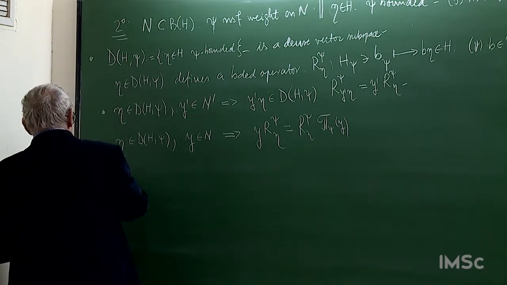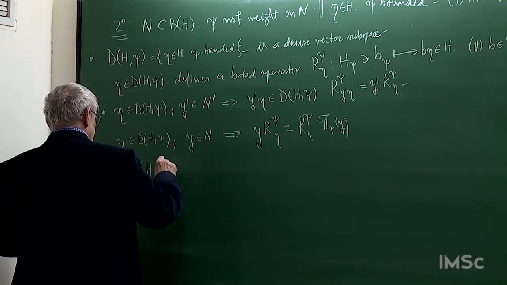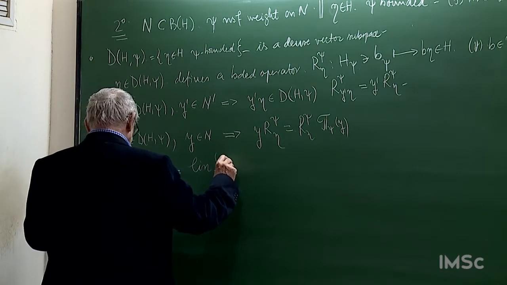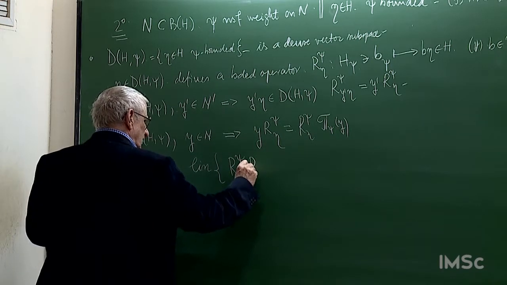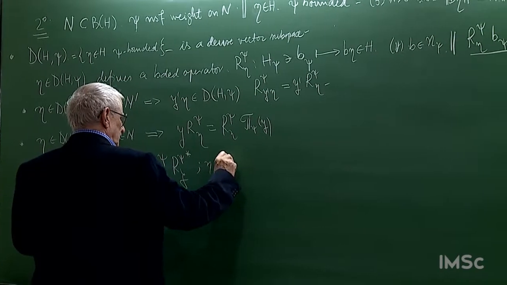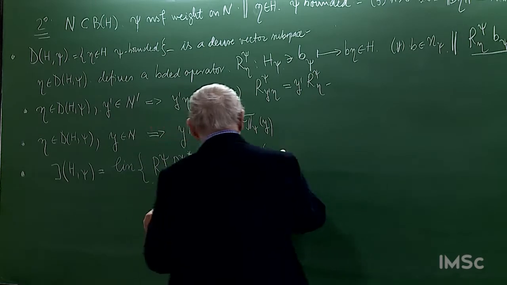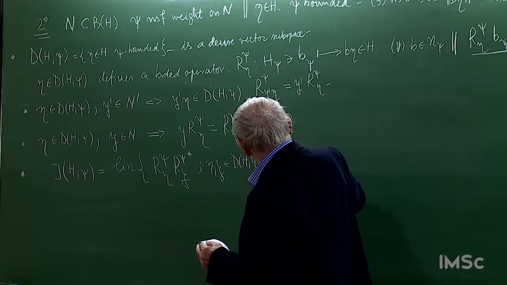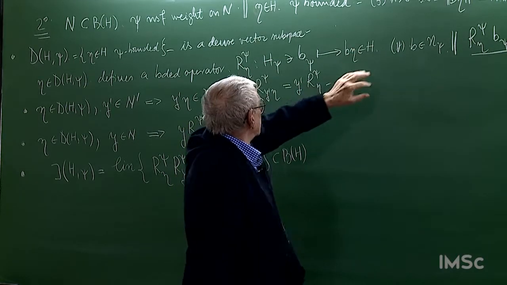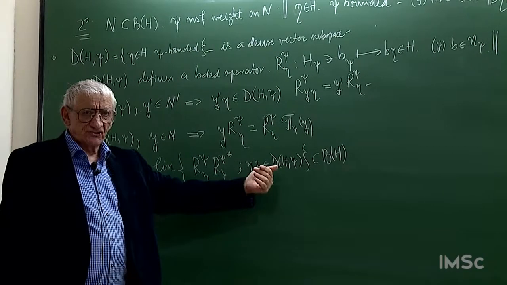Now, it will appear, but not very much, the following set J(H,psi). J(H,psi) is the linear envelope of the set of operators of the form R^psi(eta) R^psi(zeta)*, when eta and zeta belong to D(H,psi), and these operators are of course operators on H, so they are part of B(H), because you have R^psi(eta) going from H_psi to H, and the adjoint is going from H to H_psi.